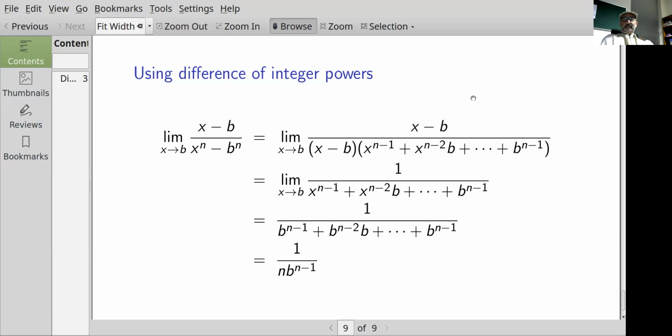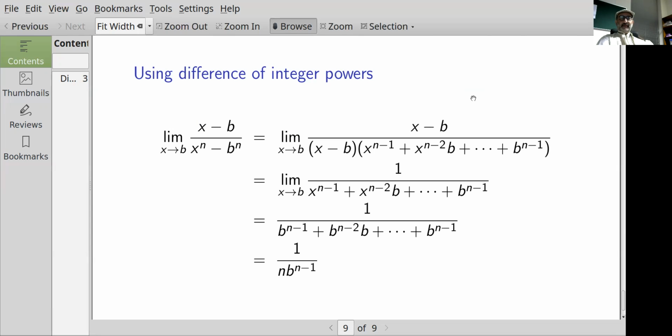Now, letting x equal b won't cause any problems. You have a polynomial on the bottom, and polynomials are nice functions. They're examples of functions that are continuous everywhere. You can evaluate the limit of a polynomial just by taking the function value. So you get 1 over b to the n minus 1 plus b to the n minus 2 times b, and so on up to b to the n minus 1.